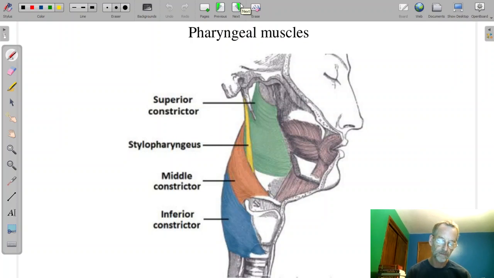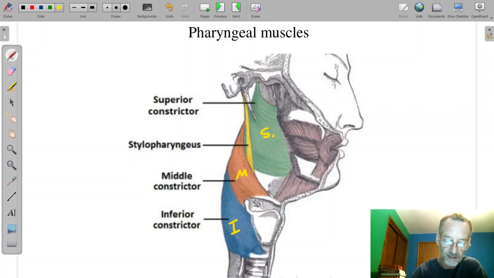Here's the colored one I was referring to for the pharyngeal constrictor muscles. So we have the superior, and then the middle, and then the inferior pharyngeal constrictor. And this is a better view, a little more clear, of the stylopharyngeus.